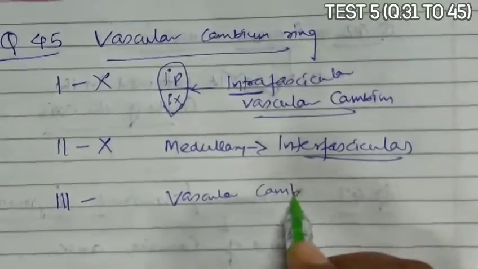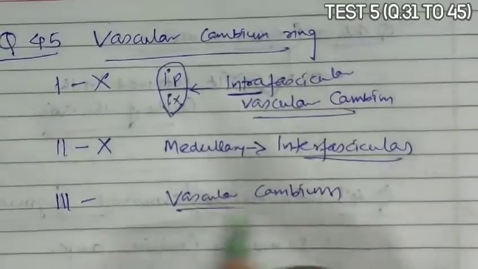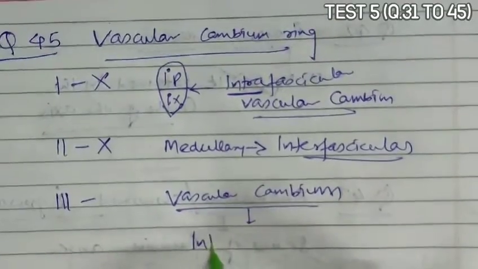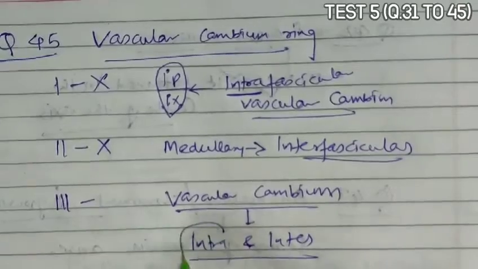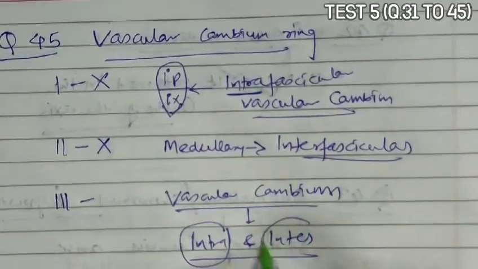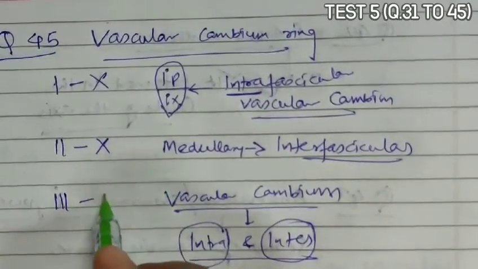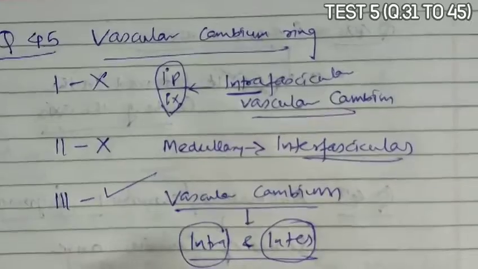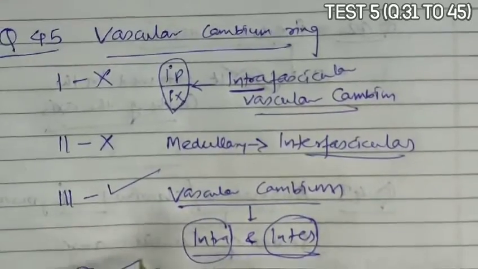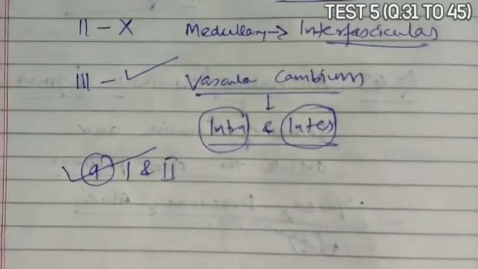Yes, it is correct. Intra is present within the vascular bundle, inter is present between the vascular bundles. So we have to select the incorrect ones. Option A, statements 1 and 2, is the correct answer.